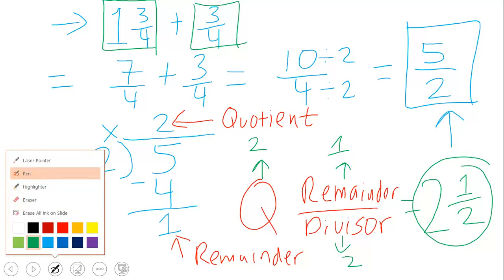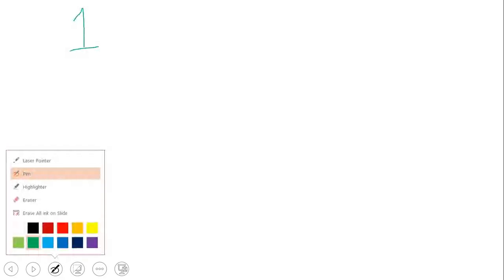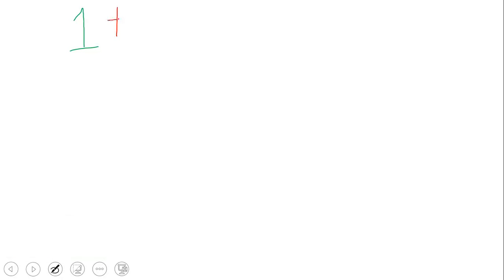So let me erase that and do a summary of what we have thus far. Notice that when we take 1 and add it to 3 over 4, we get 1 and 3 over 4.